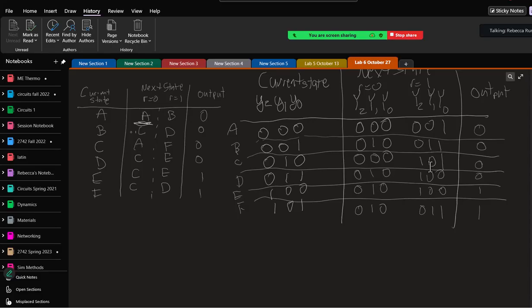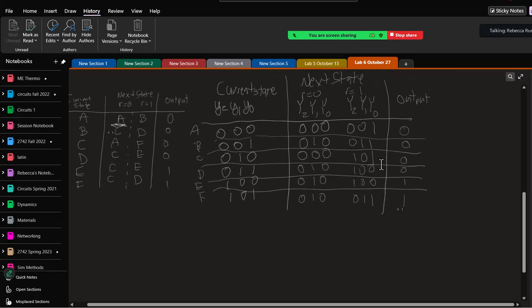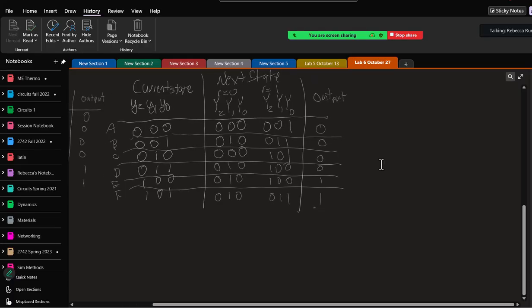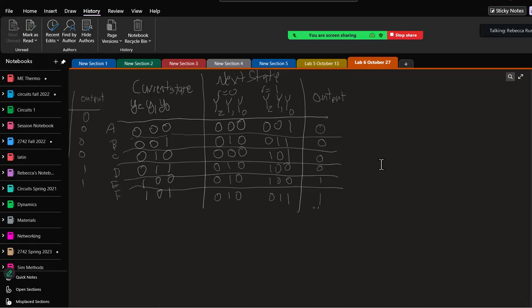Okay, so now, and this is the part that I typically have people have the most confusion on. So now we have to figure out the equations for our flip-flops. So for our output, we need to figure out equations for y2, y1, y0, and our output, which I'm just going to call S, because that's what I called it in my code.